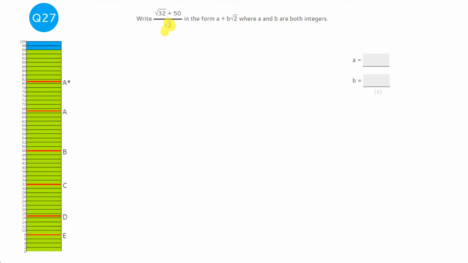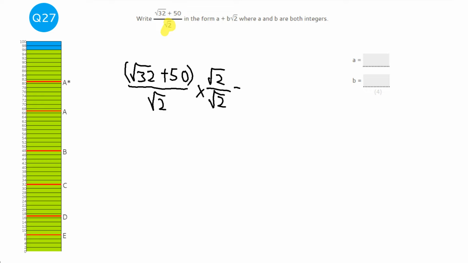So, we're going to times top and bottom by whatever the surd is at the bottom, which is root 2. Now don't forget, we always put brackets around any numerator that has more than 2 expressions. Okay, that will help us for later on. So we go times both of these by root 2, because that's the surd at the bottom.